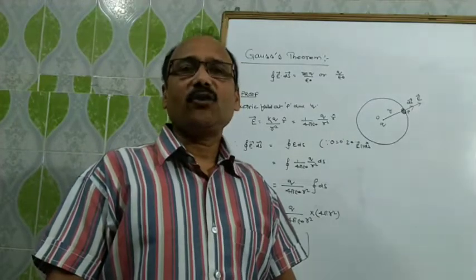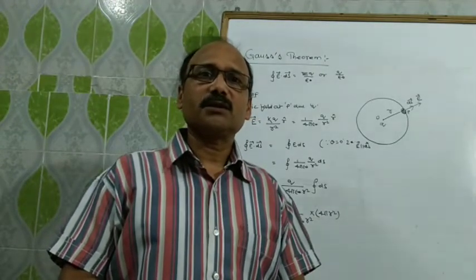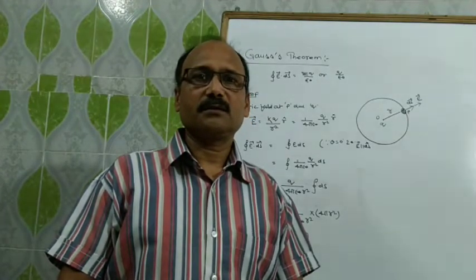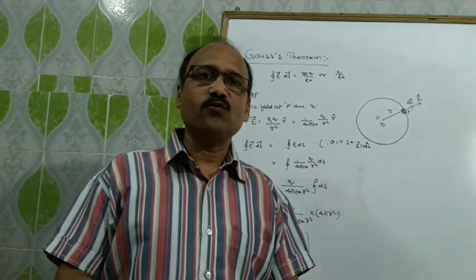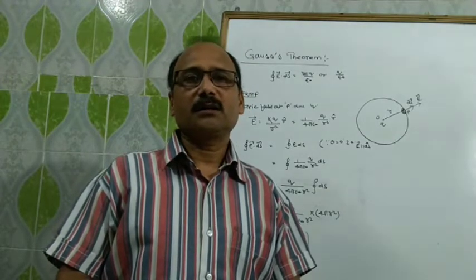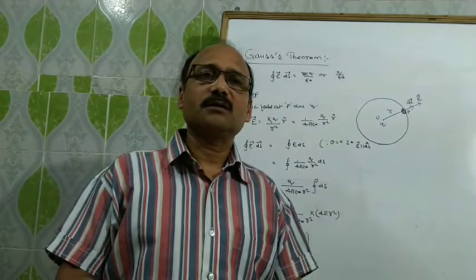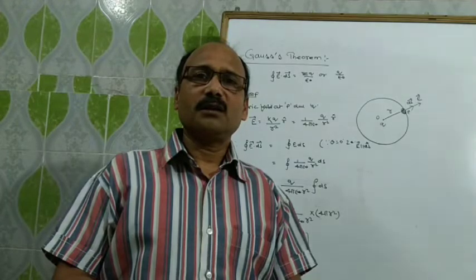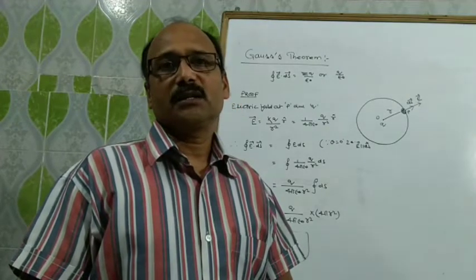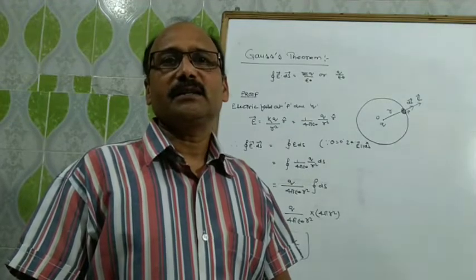Note down, according to this theorem, the total electric flux through a closed surface in air or vacuum is equal to 1 upon epsilon naught times the total charge enclosed by that surface.